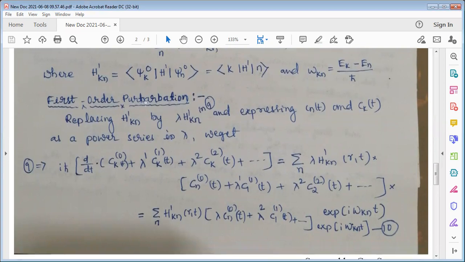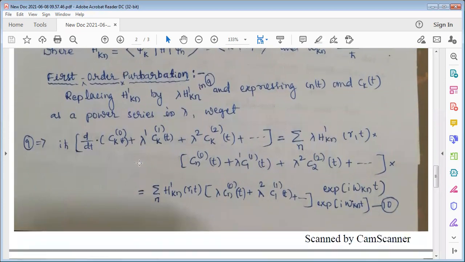Now we'll see what is the first order perturbation. Now replace h dash kn by lambda h dash kn in equation 9 and express these expansion coefficients Cn of t and Ck of t as a power series in lambda.